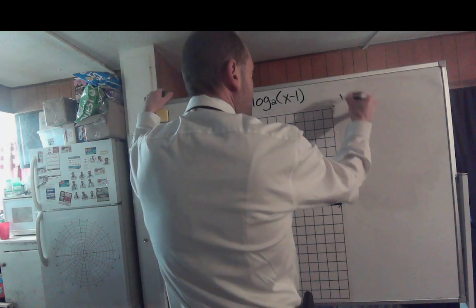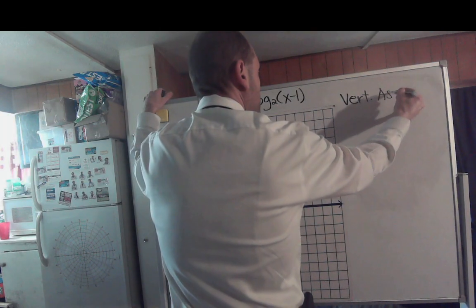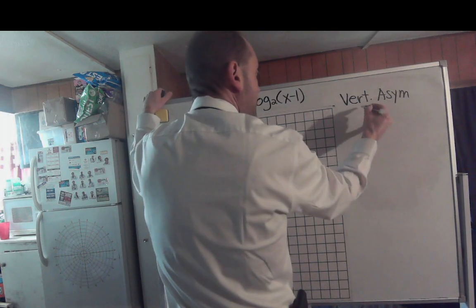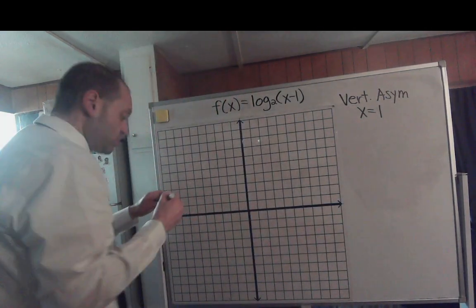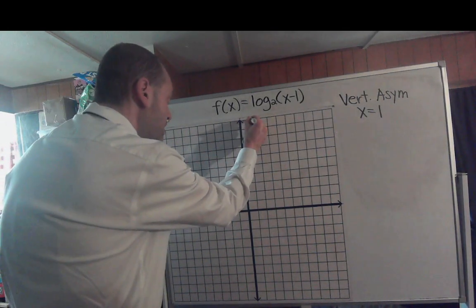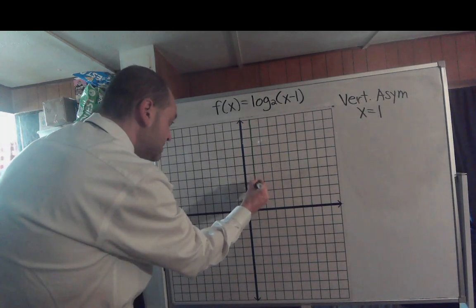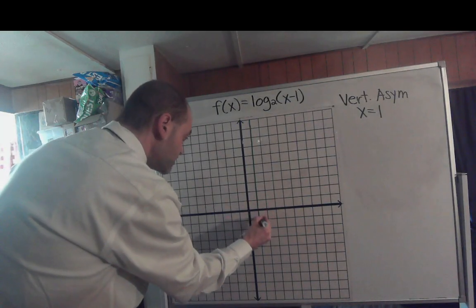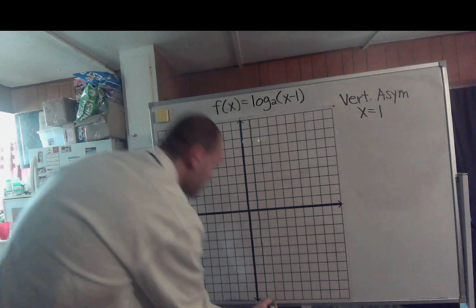So I'll actually have a vertical asymptote that's located at x equals 1. So why don't I go ahead and draw that asymptote just for good measure. That means that x will get infinitely closer and closer to 1 without actually reaching it this time.